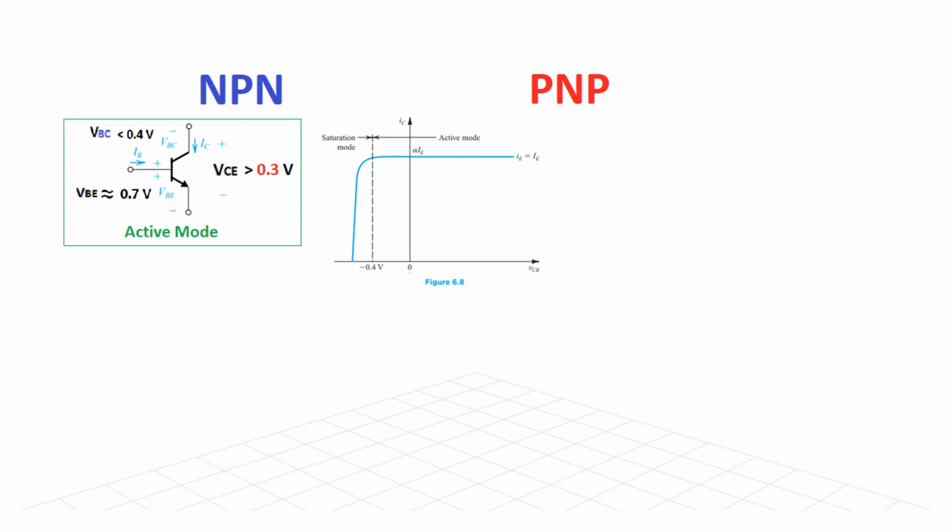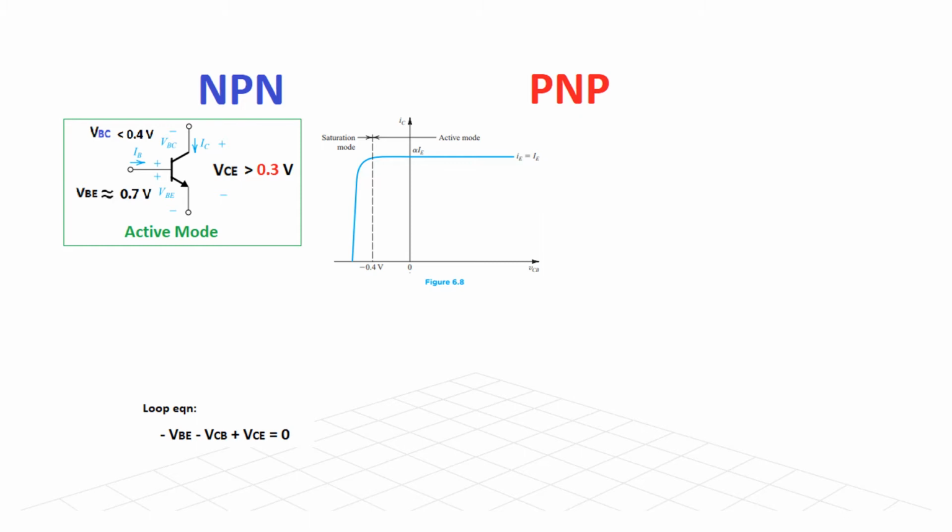Therefore, VCE will be greater than or equal to this, and we can find it from the loop equation around this: minus VBE plus VBC, or minus VCB, plus VCE is equal to 0. Putting the values of 0.7 and 0.4, we find VCE has to be 0.3 or greater than 0.3. So this is one condition for the active mode.